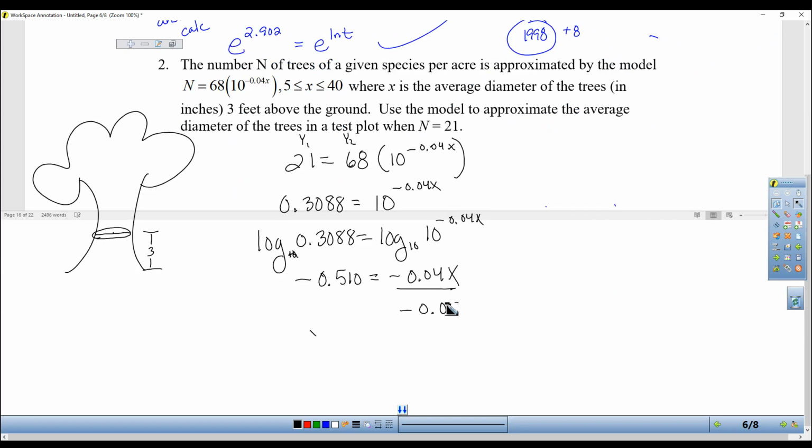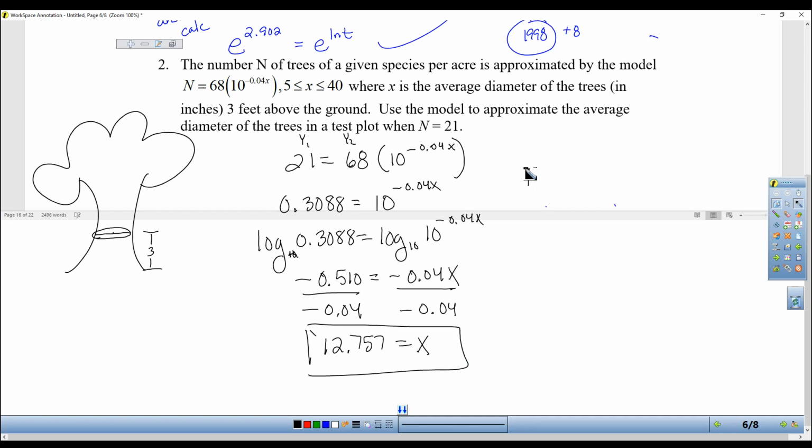Divide by negative 0.04. And you can just go straight and hit the divide button. You don't have to retype in the number, and you'll get 12.757. And now you actually can stop with your rounded answer.